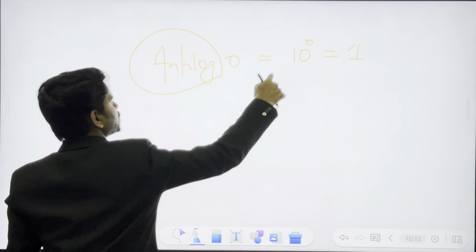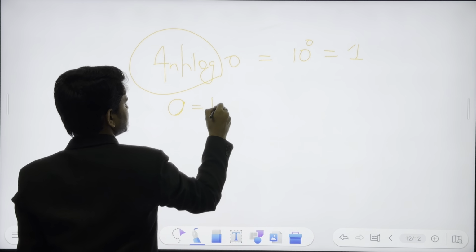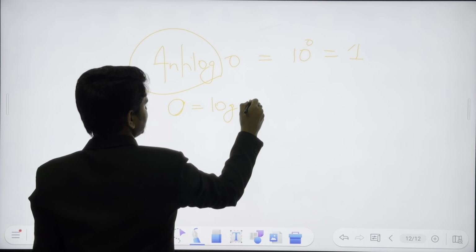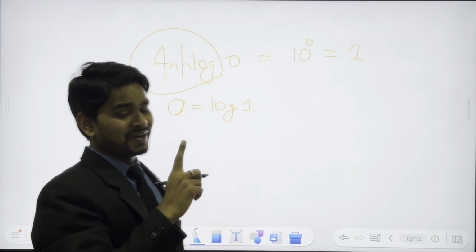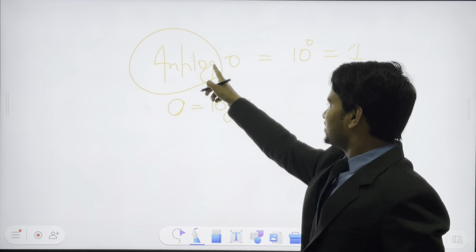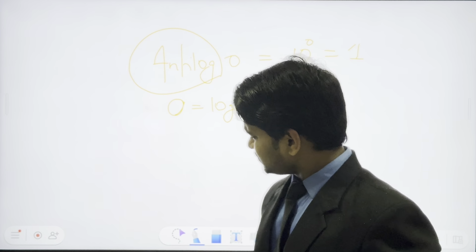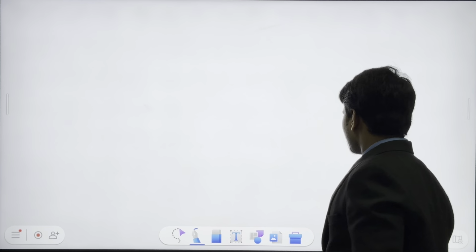So anti-log 0 is 1, so we can say that 0 is equal to log 1. Remember? Log 1 was 0. Now, if it is like 2, 3, 4, this is very easy. Just put it as the power of 10 and that's your answer. But are they going to ask this type of questions?